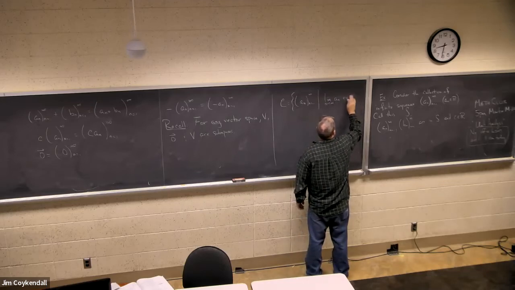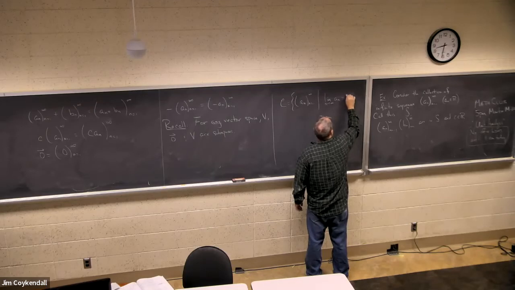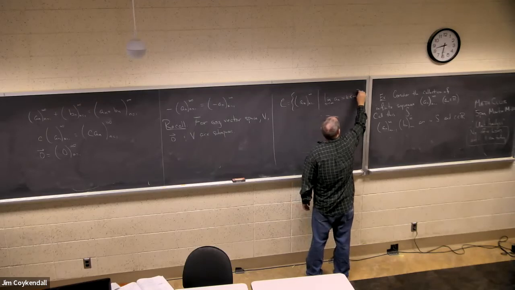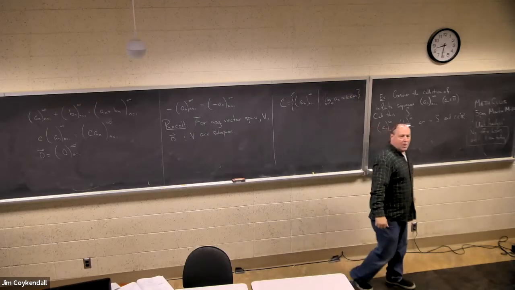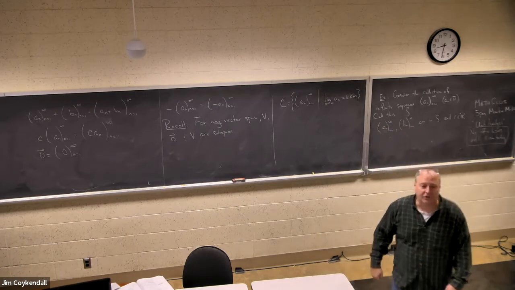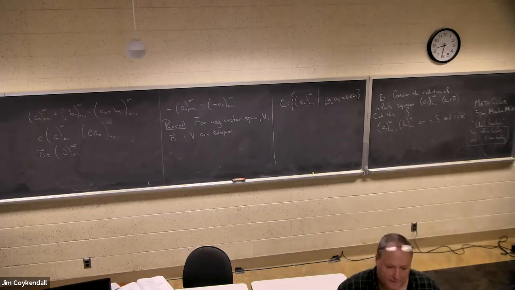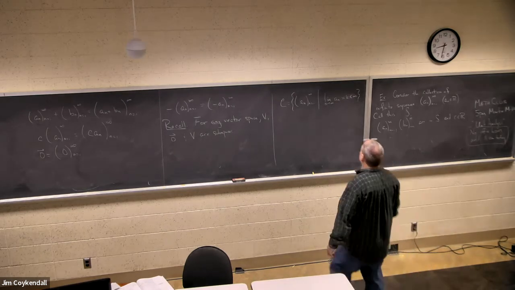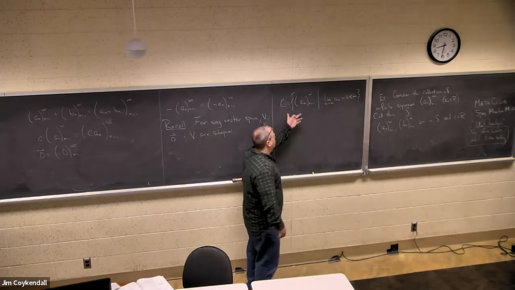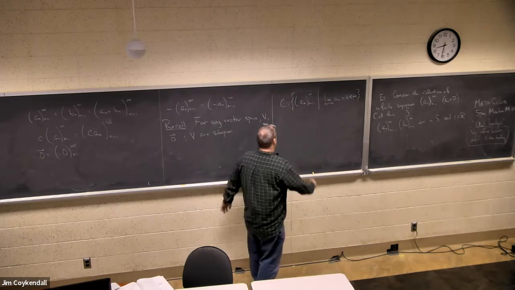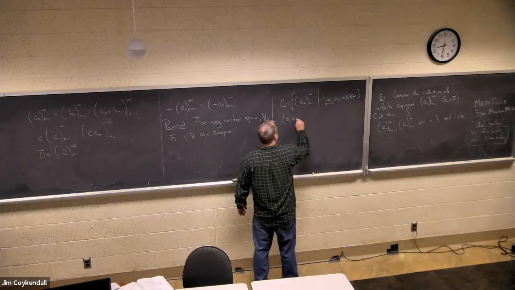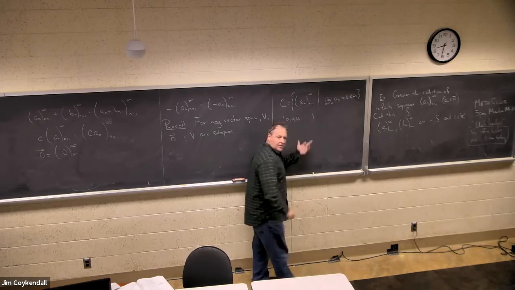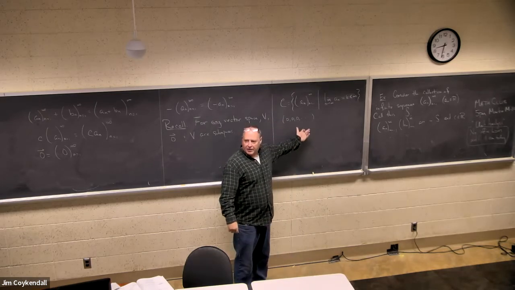Well, what about the collection of convergent sequences? So what happens here? Is the sequence 0, 0, 0 convergent? It converges to 0, right?